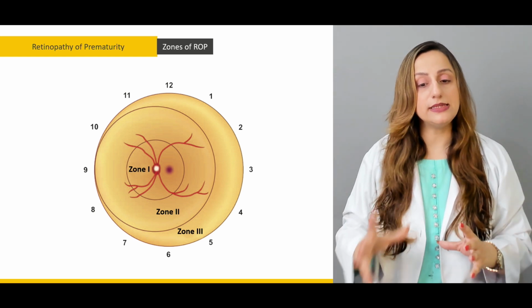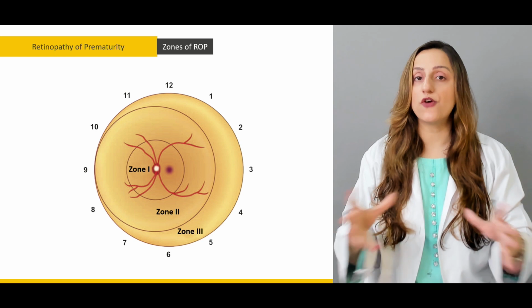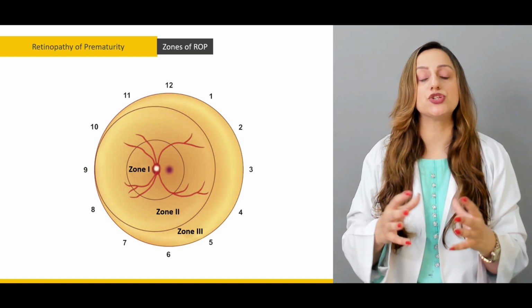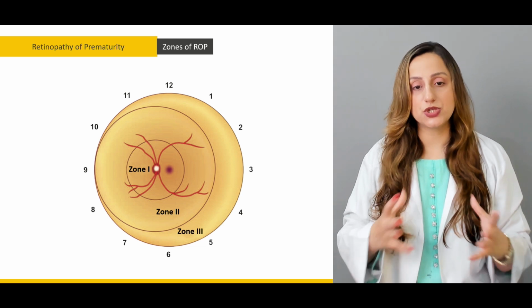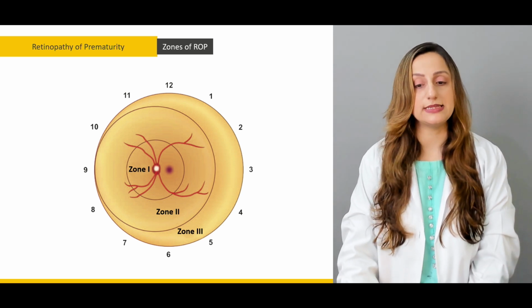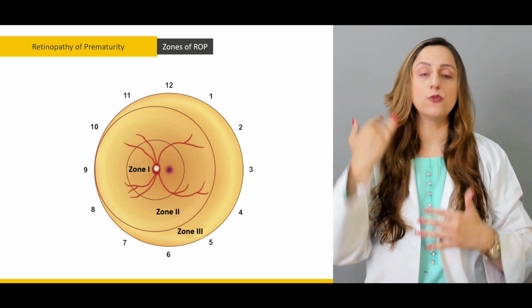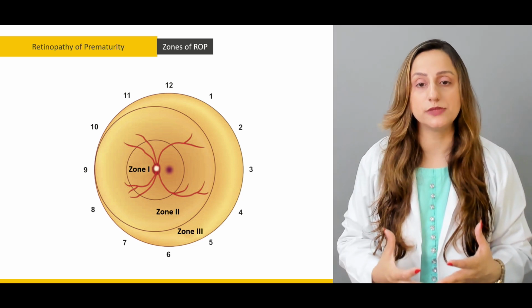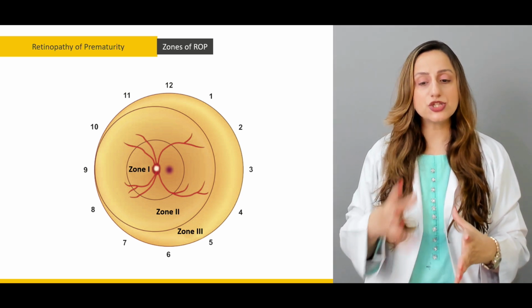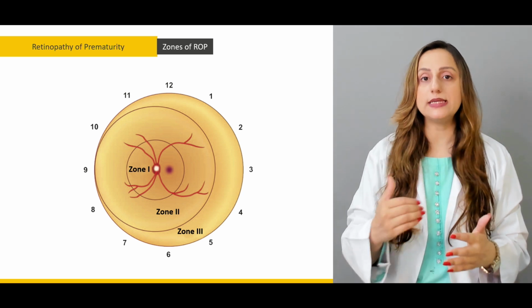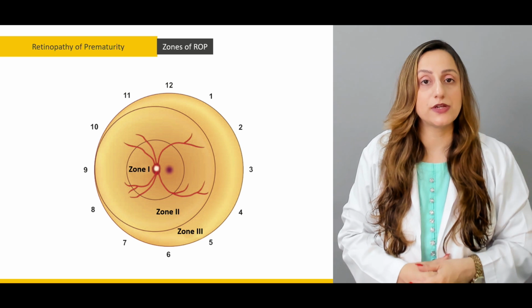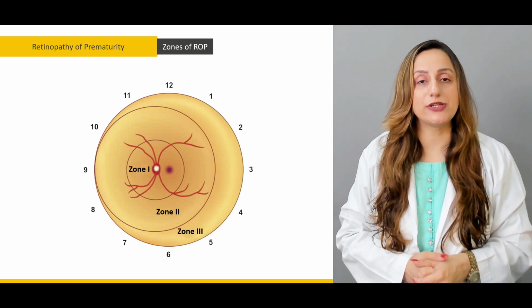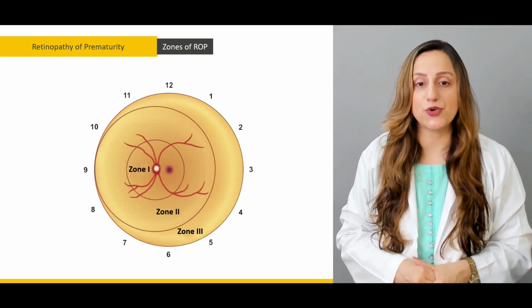It's just for documentation purposes and for planning the management of this retinopathy of prematurity. So knowing these zones makes it easier to document or foresee the kind of visual field effect in this particular infant suffering from the retinopathy of prematurity.